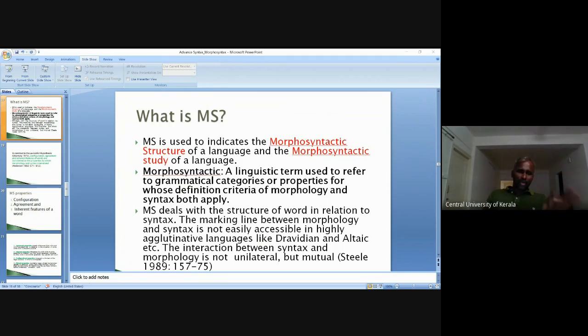So therefore, the inherent properties of the head, if the adjective is the head, will agree with the other part of the sentence. And now, these are what we told. There are 3 points: configuration, agreement, inherent are the three morphosyntactic properties.